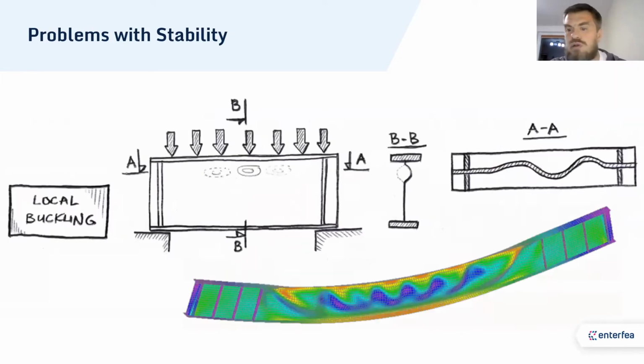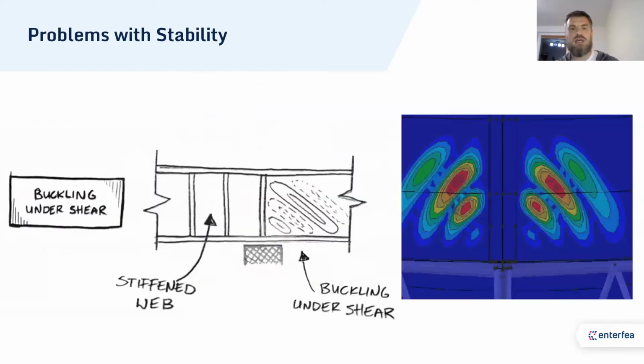You can also have local buckling, which is pretty interesting. You can still use some code designs to deal with that in some very simple cases, but in the complex ones, you'll already have to do FEA. You can have shear buckling, so buckling happening in bridge girders if they are high enough and have thin webs, or in shell structures, as you can see on the right here.